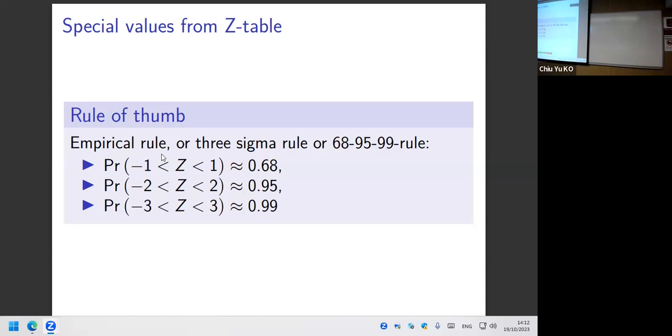For the bell, within 1 SD is about 70% of the data. Actually 95% is within 2 SD, and 99% is within 3 SD.